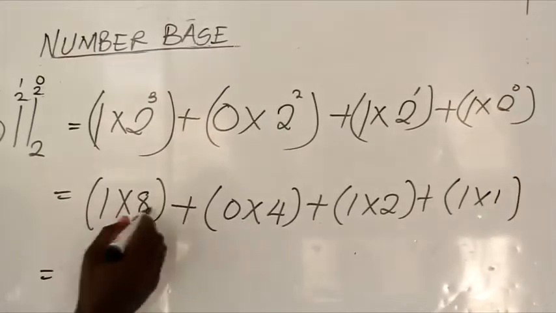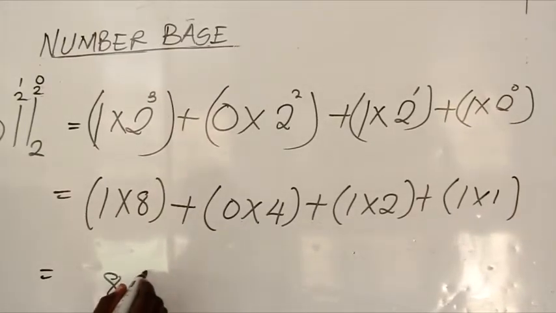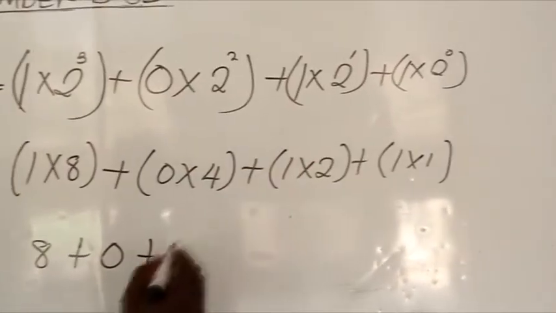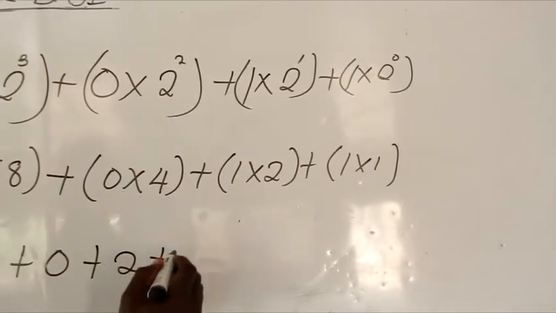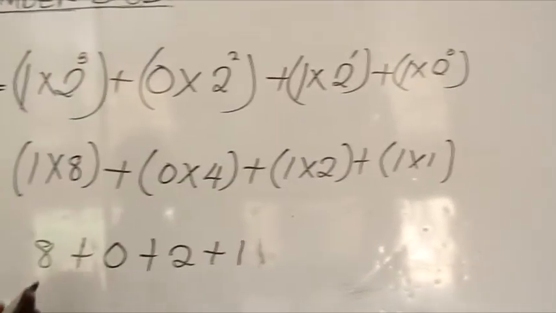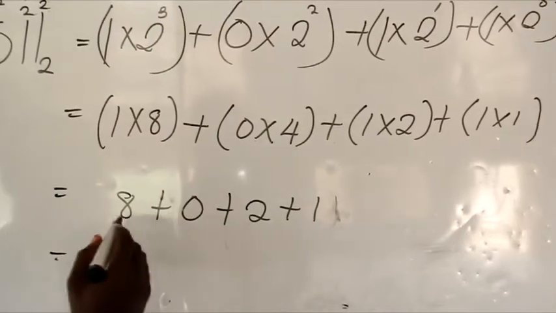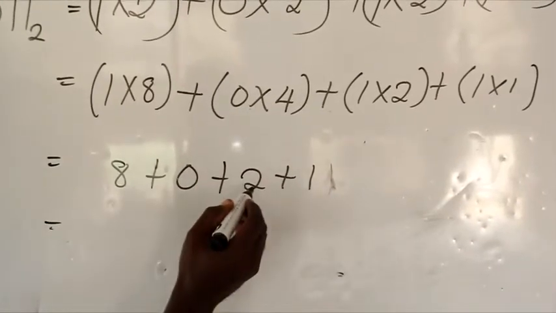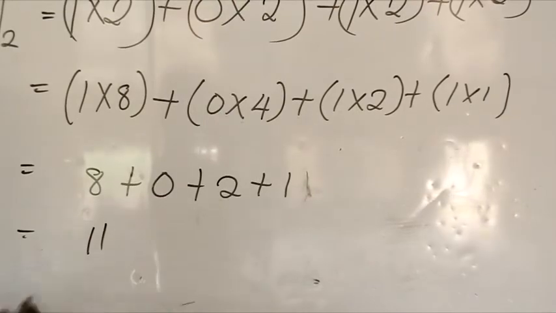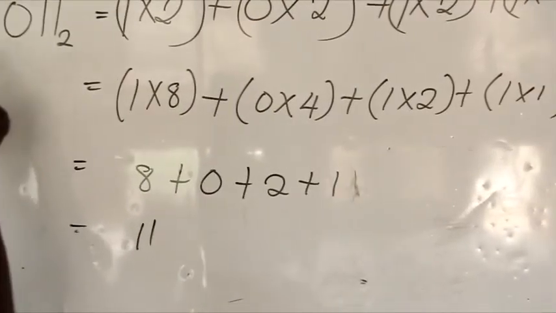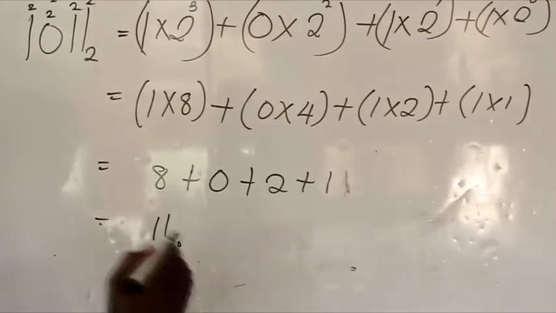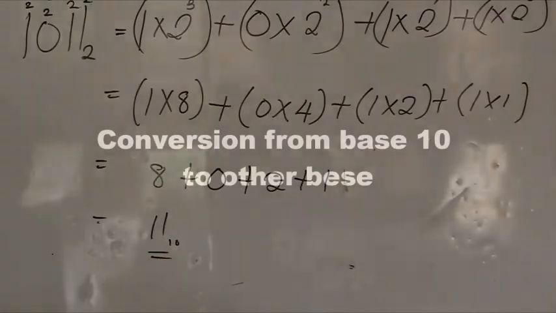So it's equal to 1 times 8 is 8, plus 0 times 4 is 0, plus 1 times 2 is 2, plus 1 times 1 is 1. So we add: 8 plus 0 is 8, plus 2 is 10, plus 1 is 11. Therefore, 1011 in base 2 is 11 in base 10. Hope you get it.